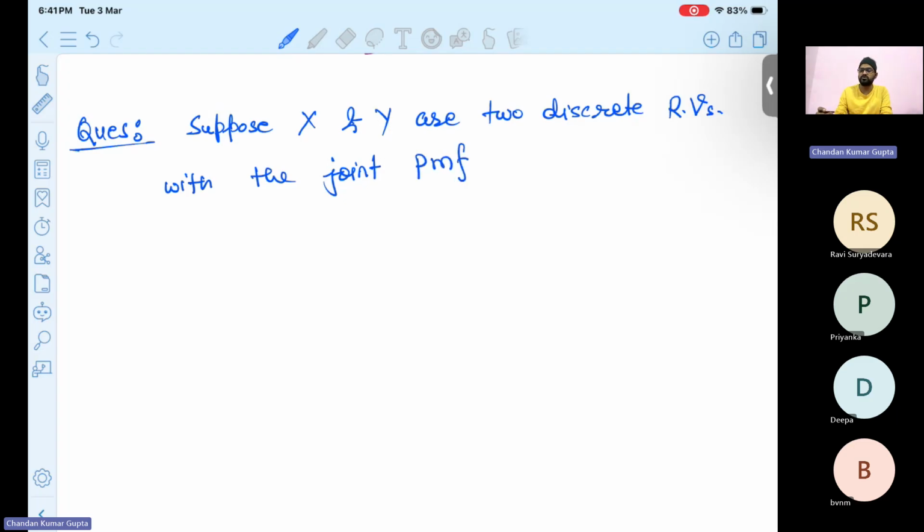When we are discussing the discrete case, we say mass function instead of density function. Usually, I and many people say density function in general, but if it is discrete, then probability mass function is the right word. Okay, so it is the joint PMF given as in the following table.